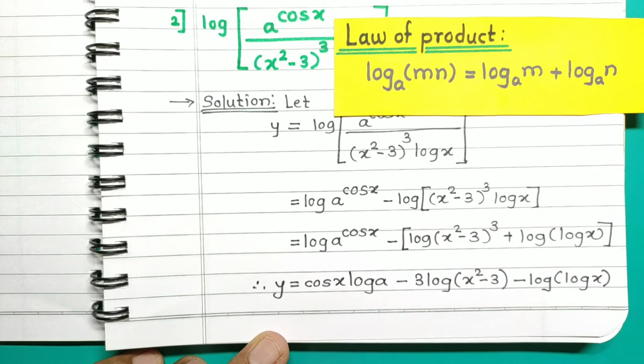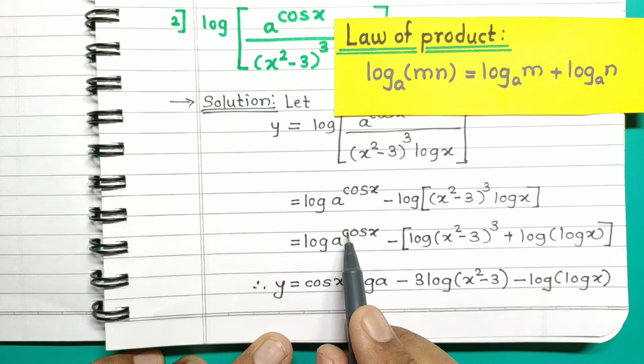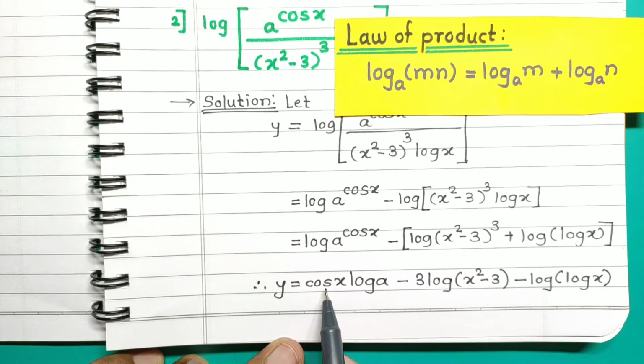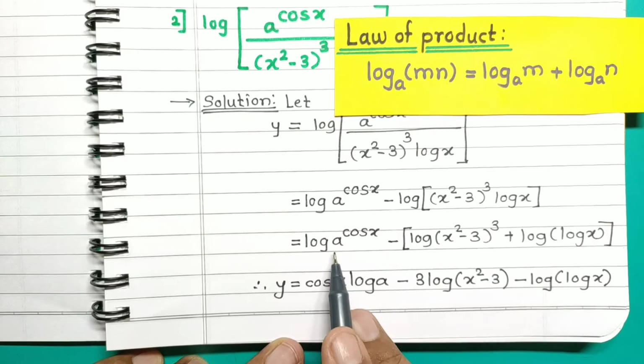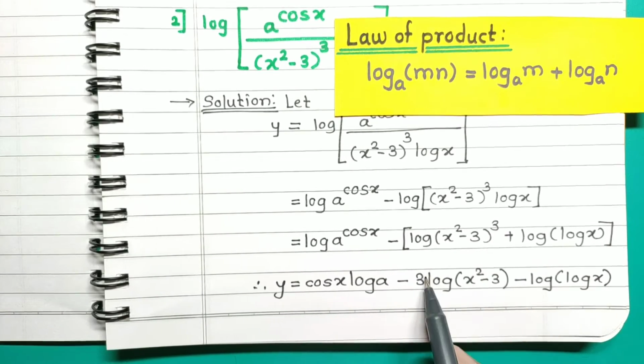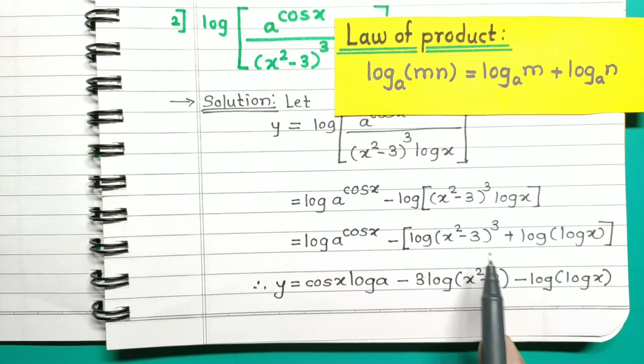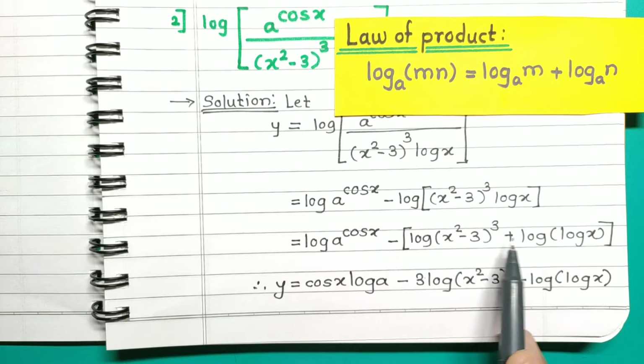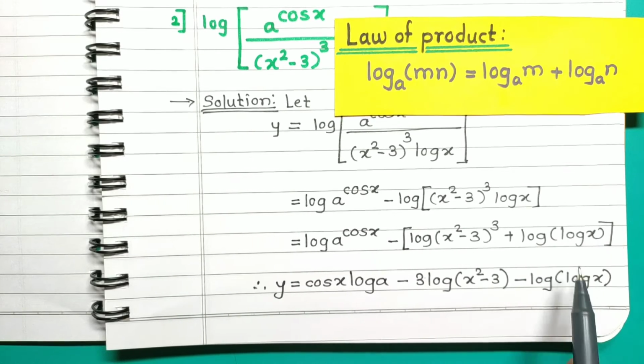So this law is used here. This exponent cos x is multiplied to log a, so cos x into log a, minus this exponent 3 is multiplied, so 3 into log of x square minus 3. Since there is a minus sign outside the bracket, this plus becomes minus and this is log of log x.